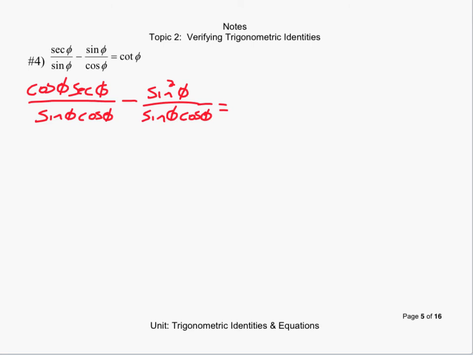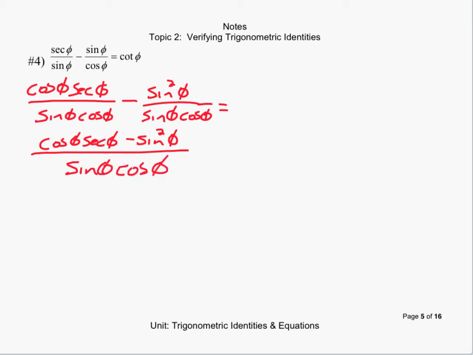Once you have common denominators, subtract your fractions. So autopilot is finished.